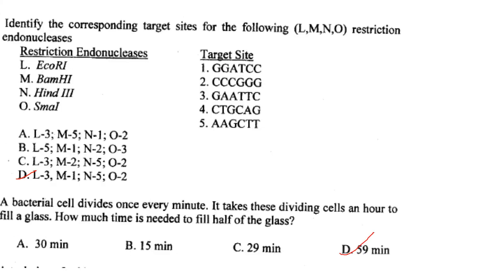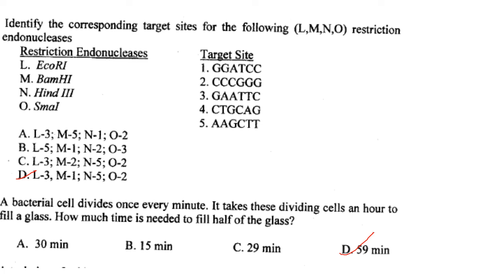Then next one. Identify the corresponding target site for the following restriction endonucleases. For EcoRI it is GAATTC, so L3. So you do not have to consider option B. That is L5, that is wrong.